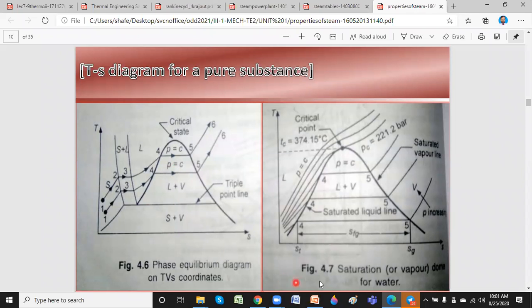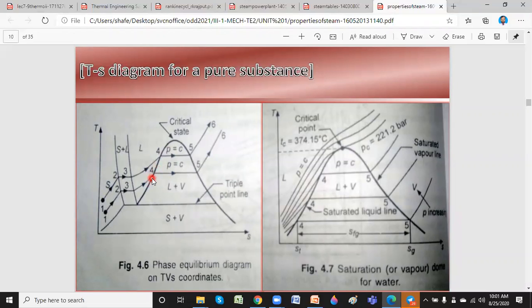Okay, this is about the Ts diagram. Now what happens? If I want to take the properties from the steam tables, I can take point 4 easily and point 5 easily, because they are at the saturation points. At 4 it becomes HF, the enthalpy of liquid, because it's purely liquid.